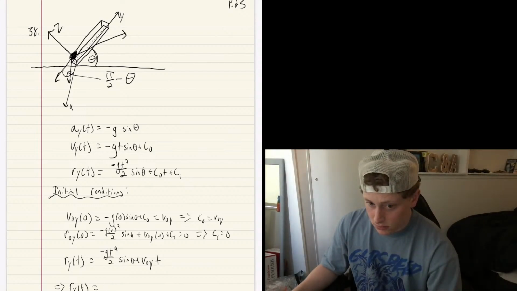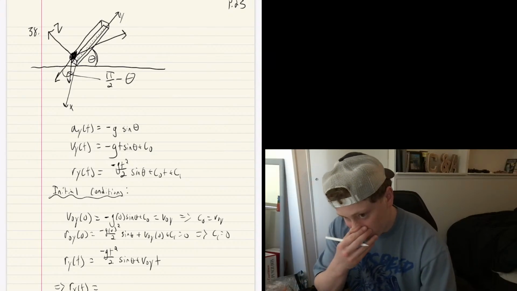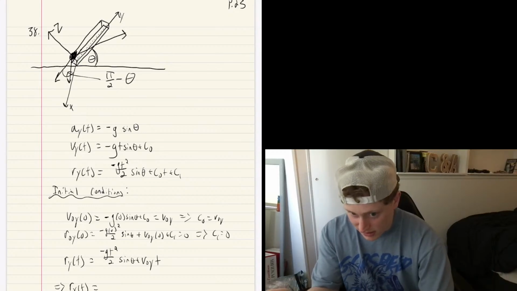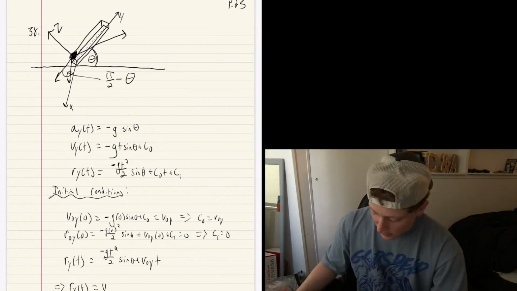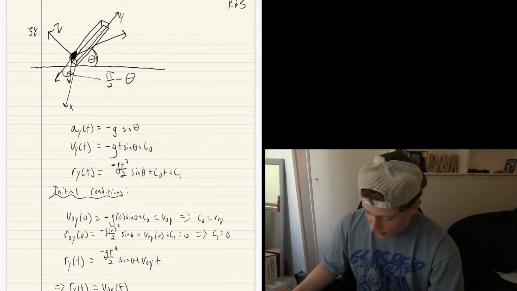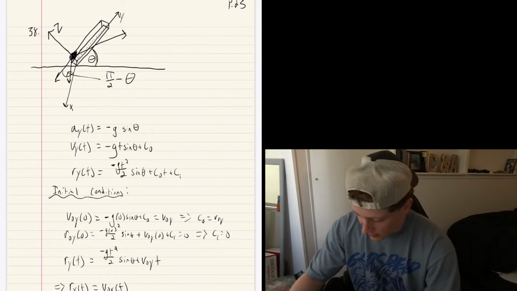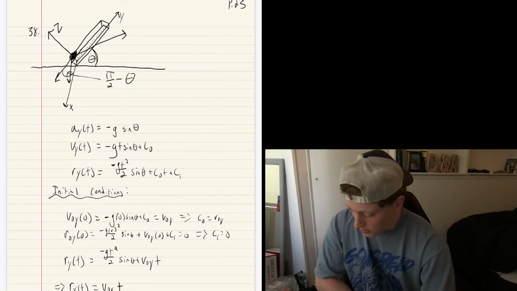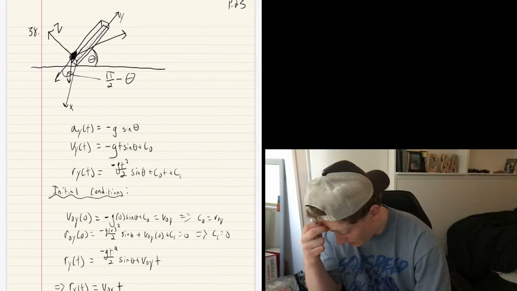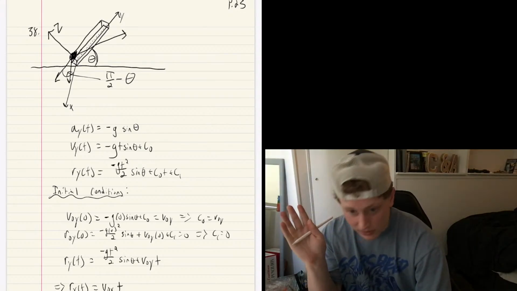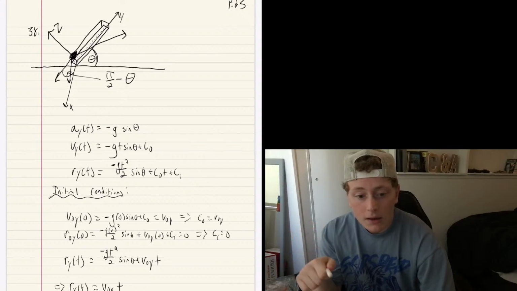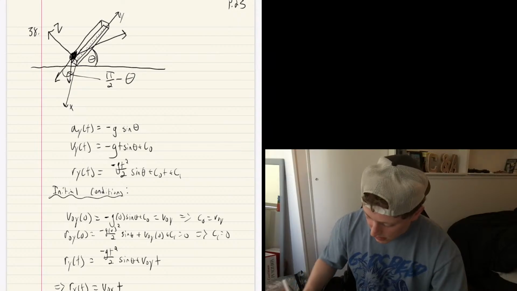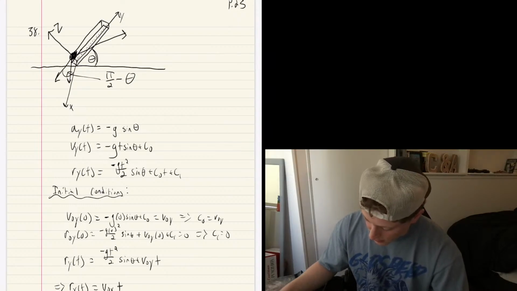No, it's v0. My god. The velocity is constant, so it's always v0x. Integrate it: v0x times t. Okay. Alright, now what do we need to do? We need to find when this is equal to 0. So let's go to the next page.